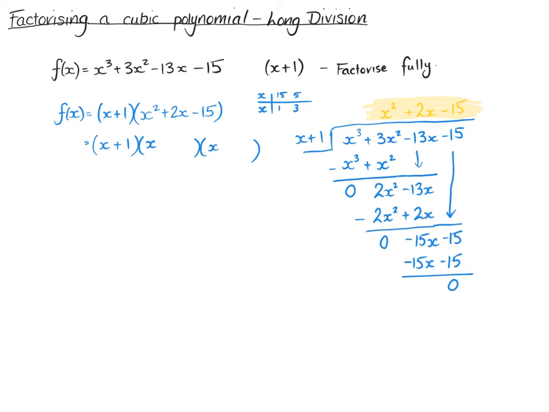It's got to be plus 2, and one of them's got to be negative because it's minus 15. Minus 15 means one has to be one sign, one has to be the other. We need plus 2, so it's going to have to be 5, take away 3. So we know that the 3's got to be the minus, and then that means we've got x minus 3 in one bracket and x plus 5 in the other.